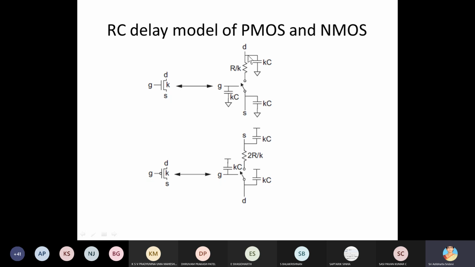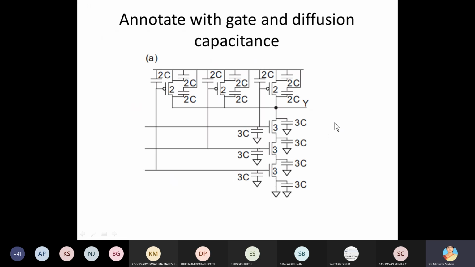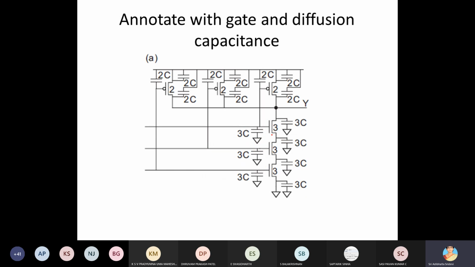Similarly for NMOS, we have a drain capacitance, a gate capacitance, and a source capacitance. In the NAND gate, there are 3 NMOSFETs in series, and each NMOSFET has a gate capacitance with its 3W width, so 3C, 3C, 3C.